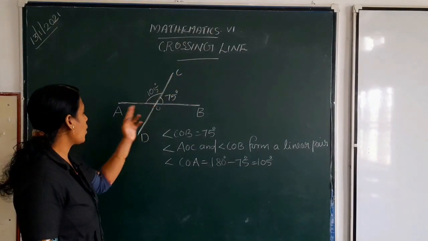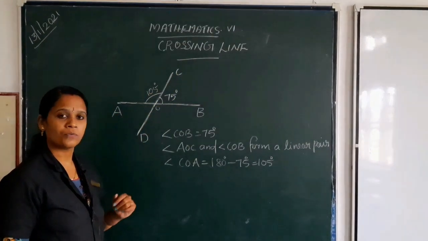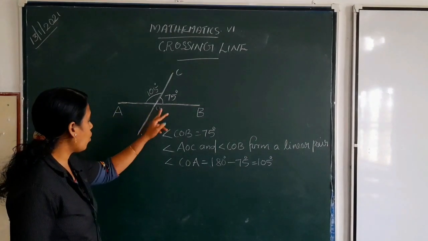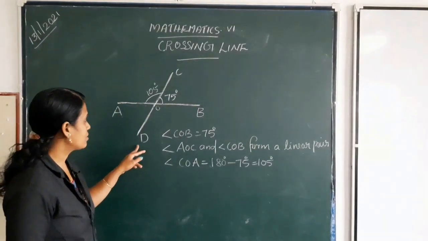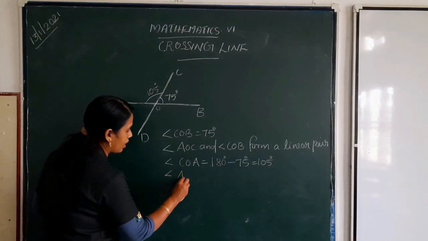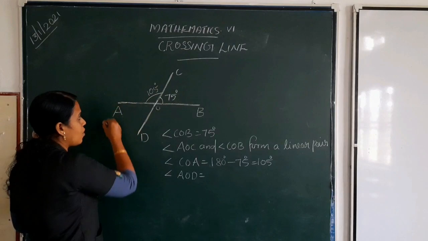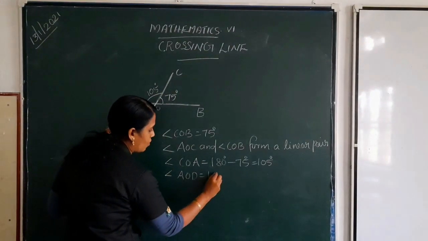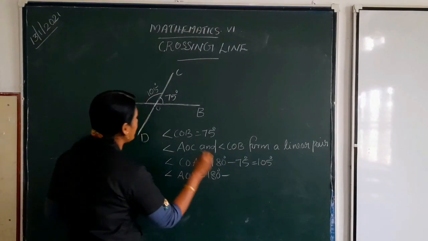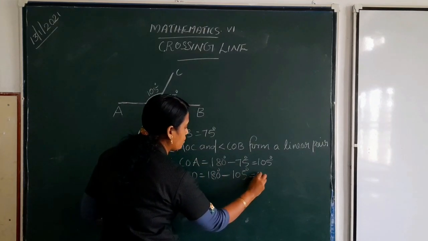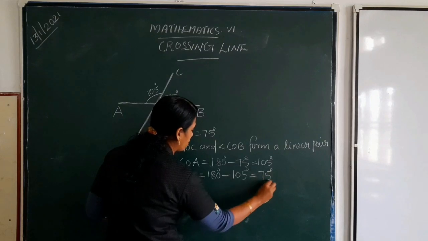Angle COA 105 degree. So how much is angle AOD? Angle AOD is equal to, this angle also 180 degree. So 180 degree minus 105 degree is equal to 75 degree.